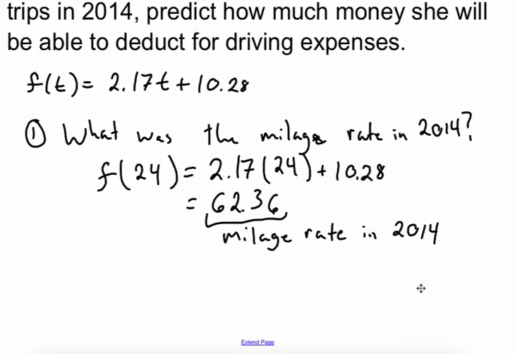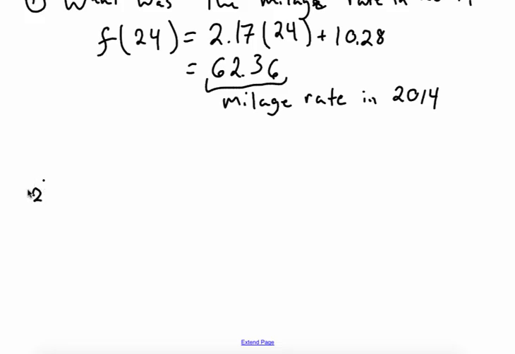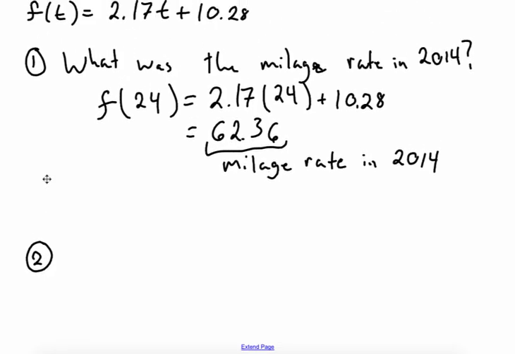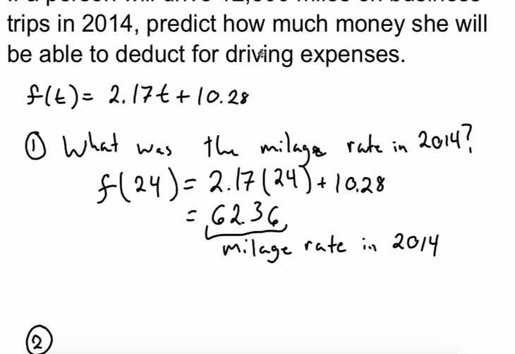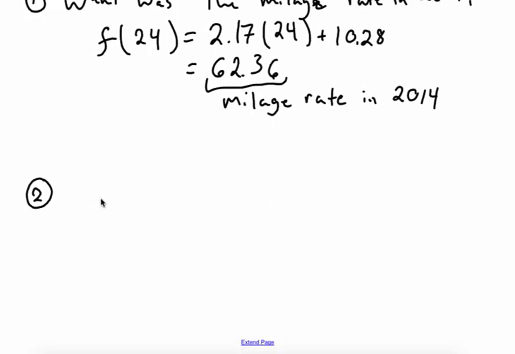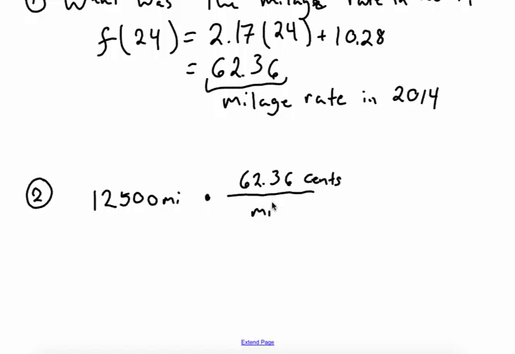Okay, so now that I know that, I can actually tackle my problem. So, secondly, this person has driven 12,500 miles, so 12,500 miles times my rate, which was 62.36 cents per every mile.